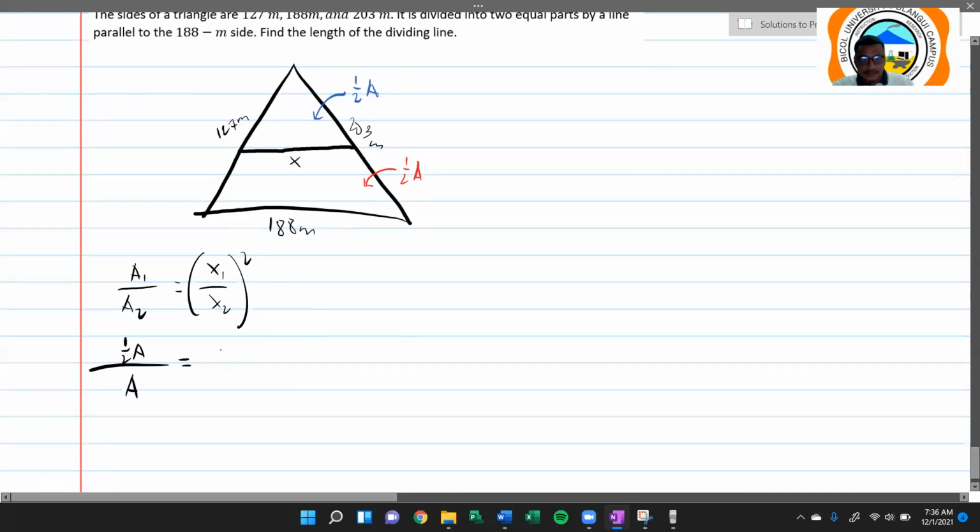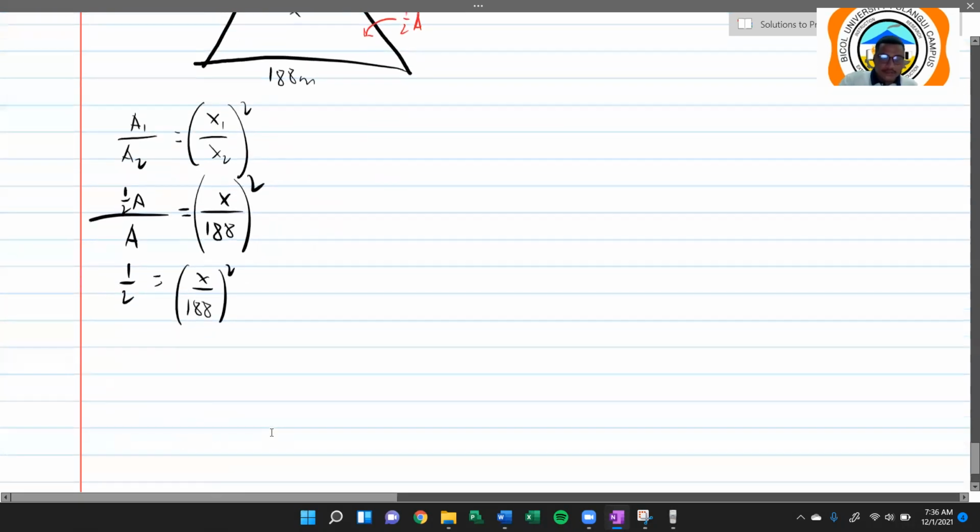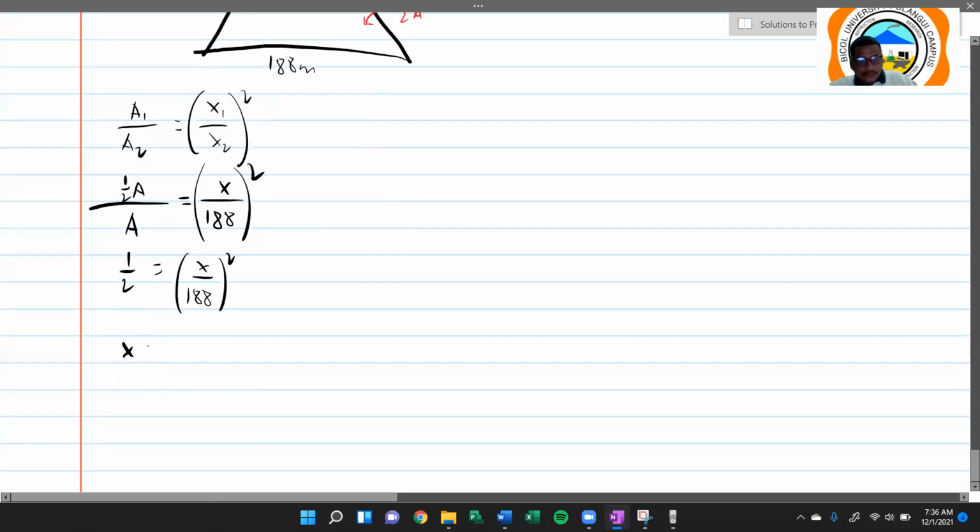So x over 188 squared, so that x is equal to the square root of 1/2 times 188.